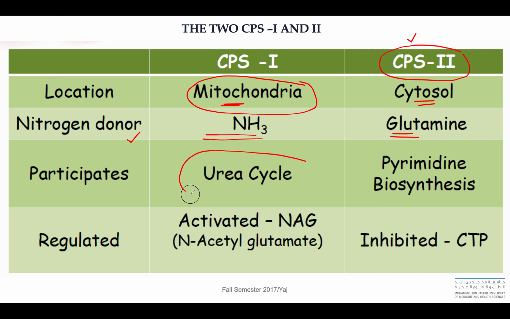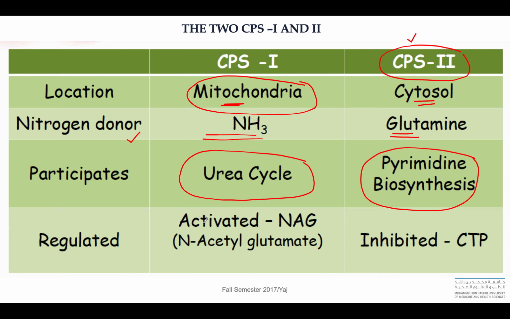Carbamoyl phosphate synthetase 1 participates specifically in the urea cycle. Carbamoyl phosphate synthetase 2 participates in pyrimidine biosynthesis. As I told you, this relates to nucleotide metabolism, so they will talk about it hopefully in molecular biology.